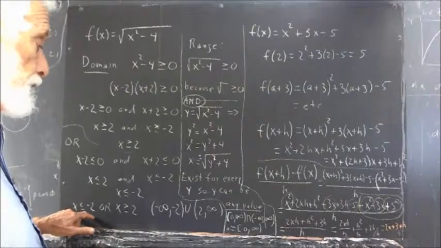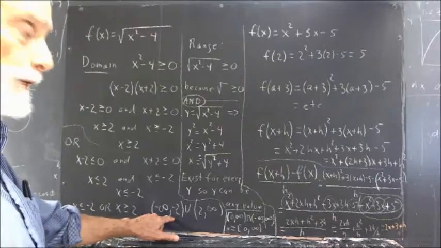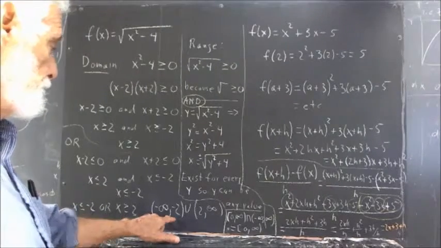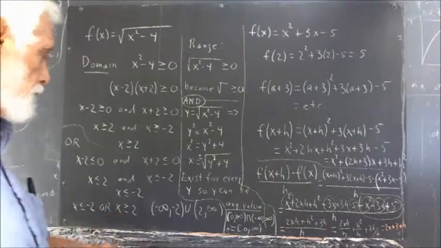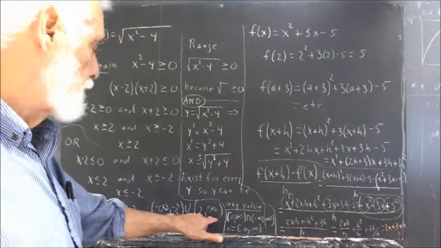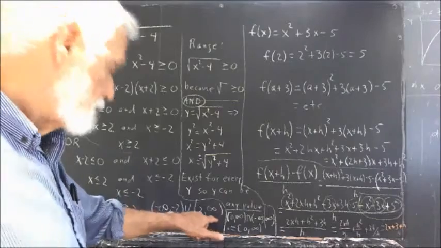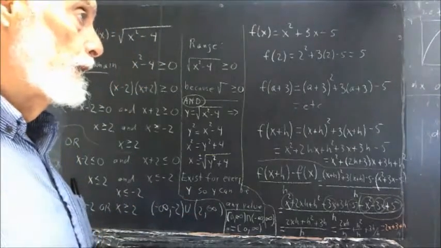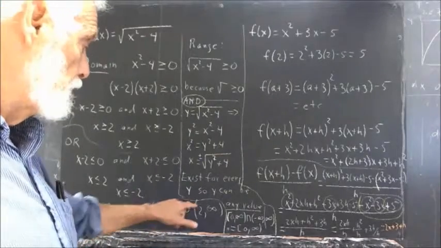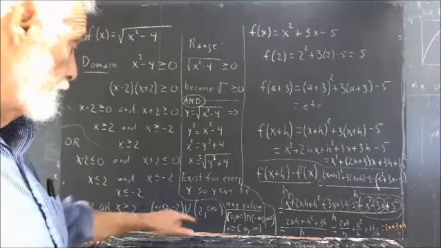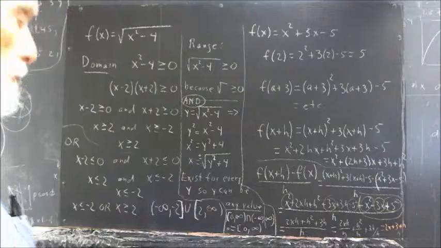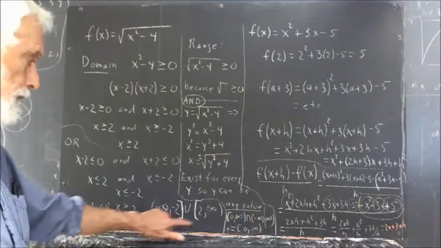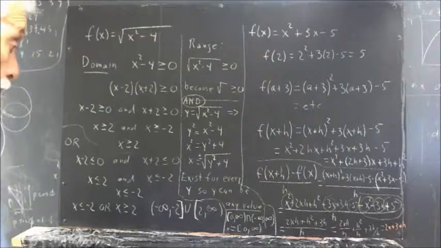The set of values less than or equal to negative 2 is the interval negative infinity to negative 2, and the values that are greater than or equal to 2 would coincide with the interval 2 to infinity. There is an error here. I should have had closed brackets on these two. Let me fix that. Okay, not particularly pretty. I had to use closed brackets there.